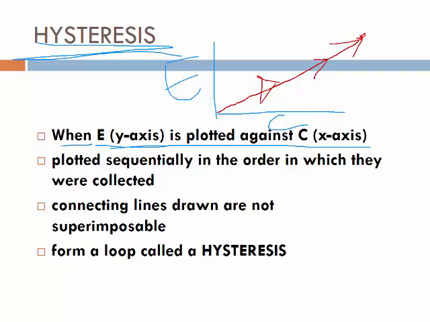And then our concentration starts to fall, and we plot that in a different color, also per time. So we plot these sequentially and in the order in which they were collected, and you connect the lines. If they are not superimposable, then you have a hysteresis. This is not a hysteresis. This is all on the same line.